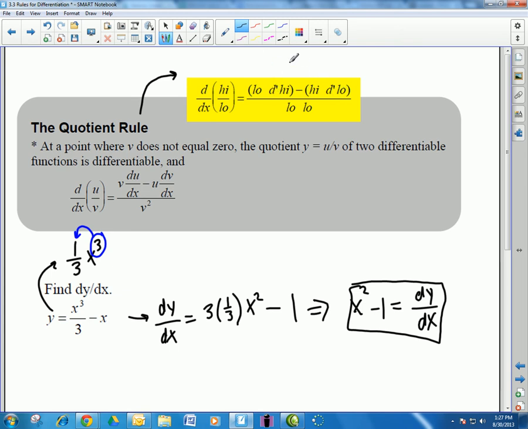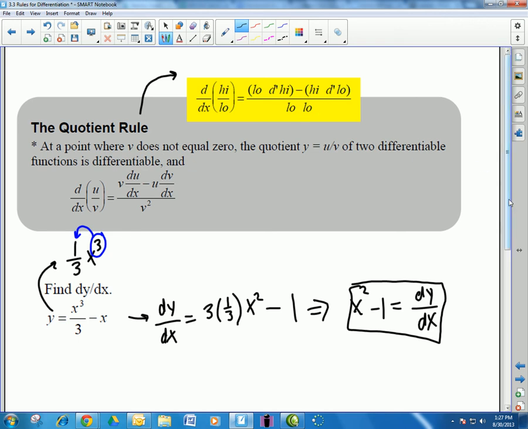It's important you cannot mix those, because subtraction is not commutative. You start on the bottom: low d high minus high d low, over low low. That is the quotient rule.